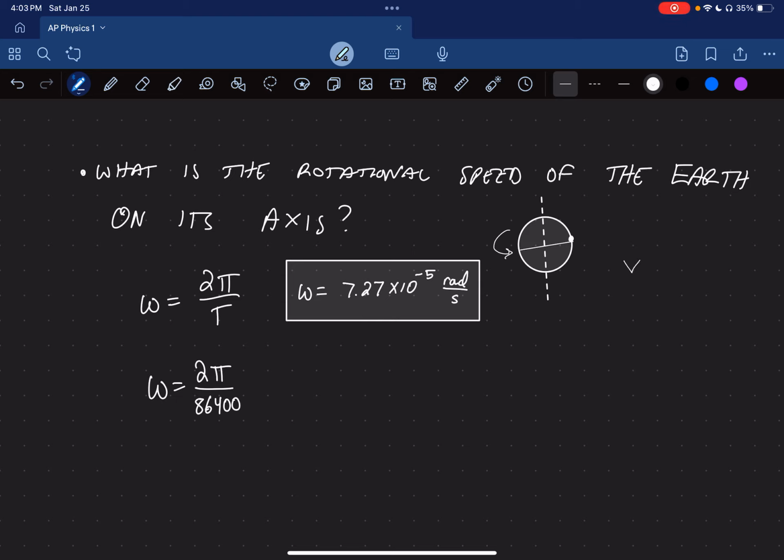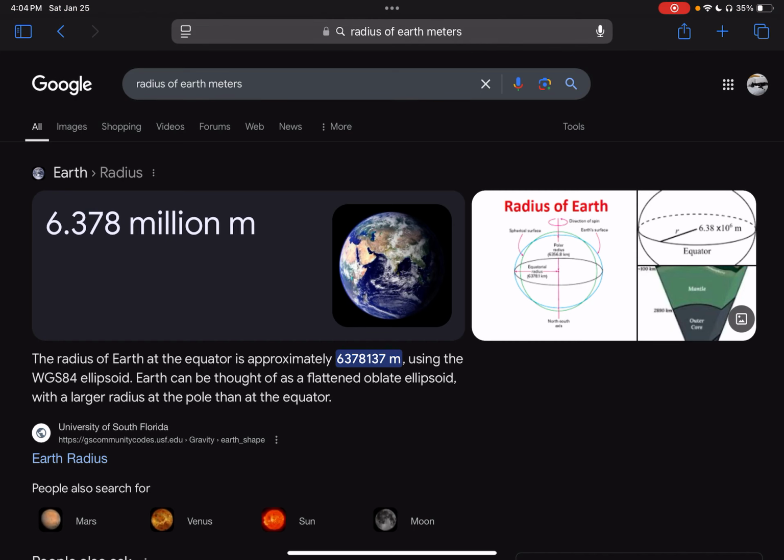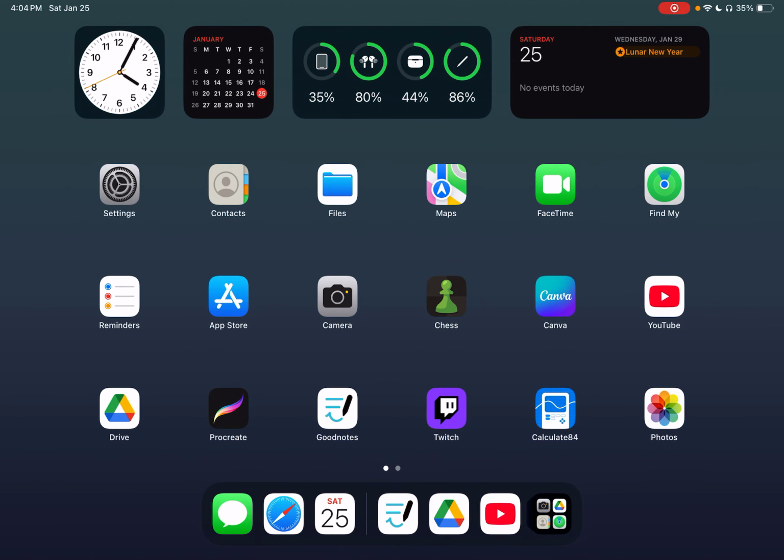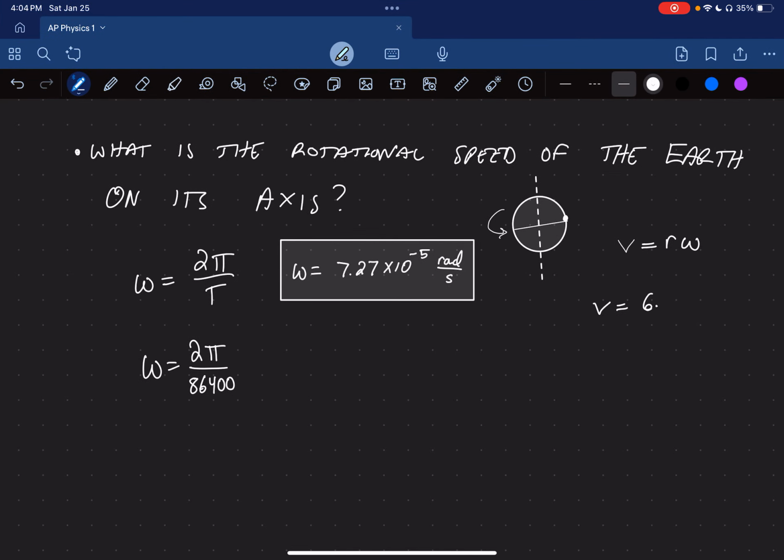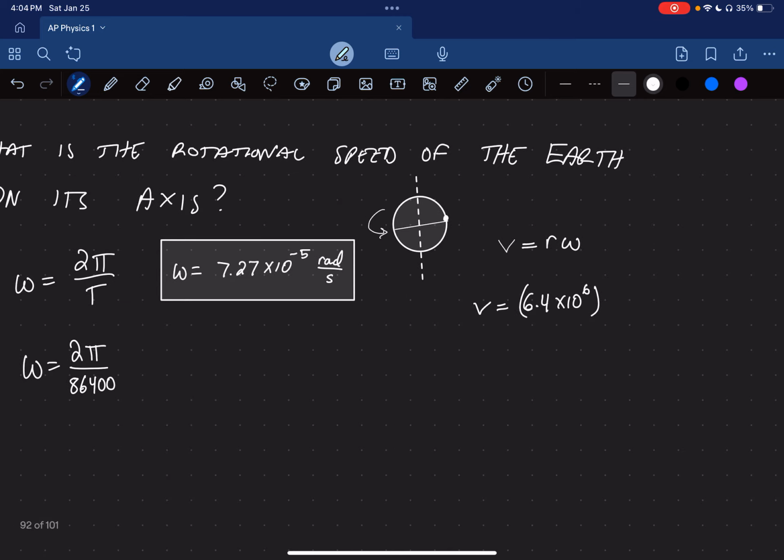So in other words, what is v, which is r omega? Well, that means we need to know the distance from the center of the Earth. In other words, the radius of the Earth, which I actually don't remember. Let's just call it 6.4 times 10 to the 6 meters, times omega, which is 7.27 times 10 to the negative 5.